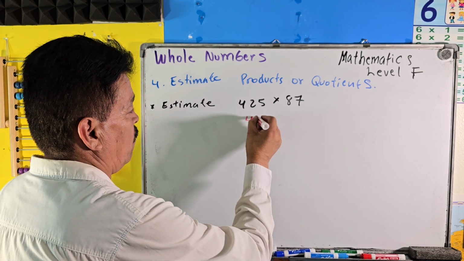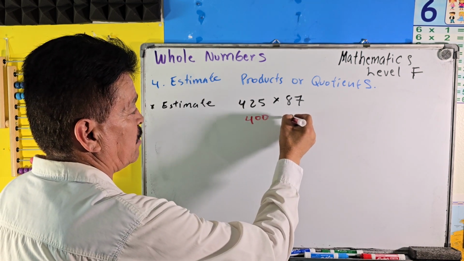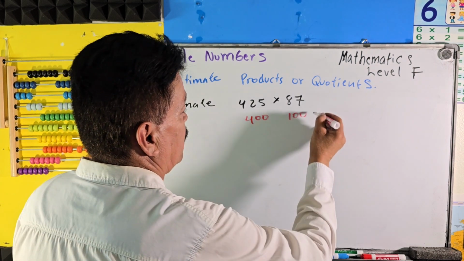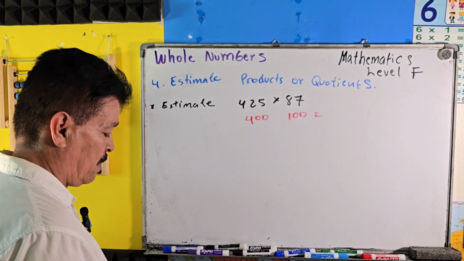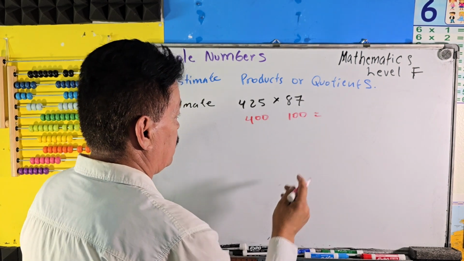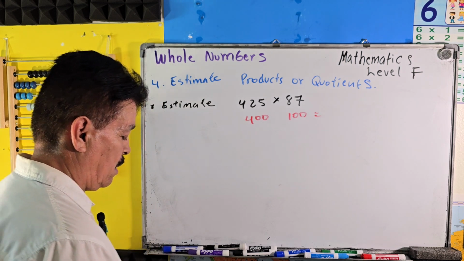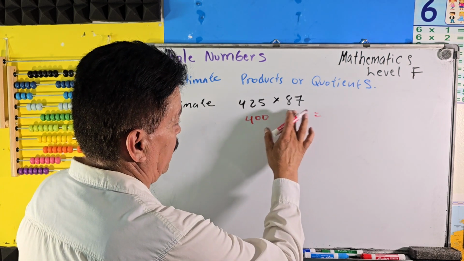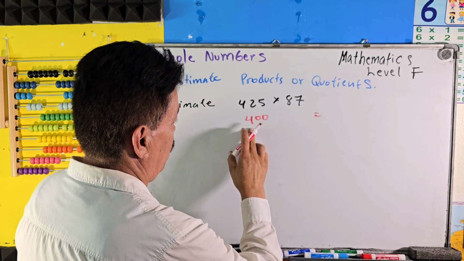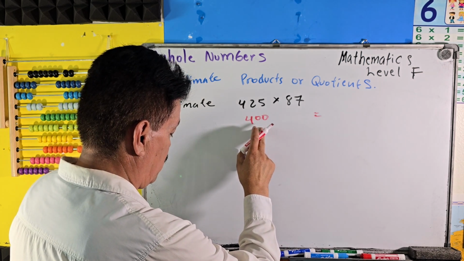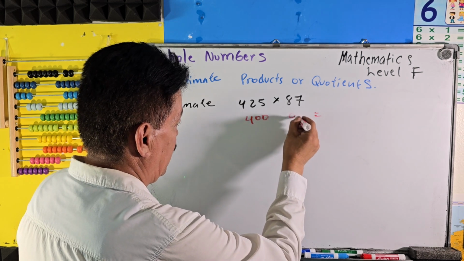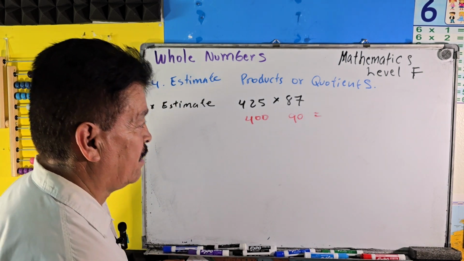Here we have 400, so 4 times 100. Let's write 400 here times 90, right?